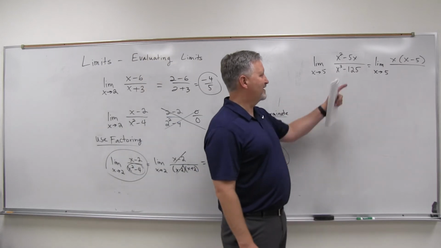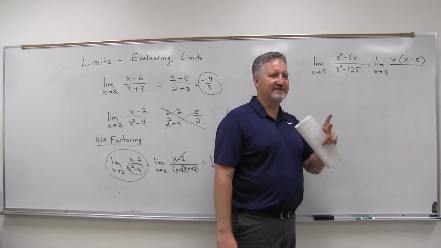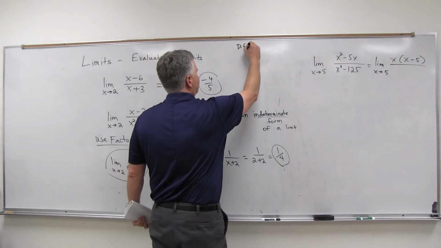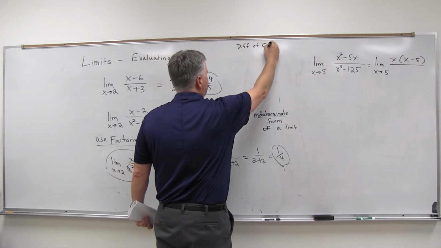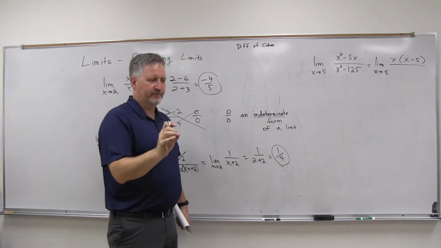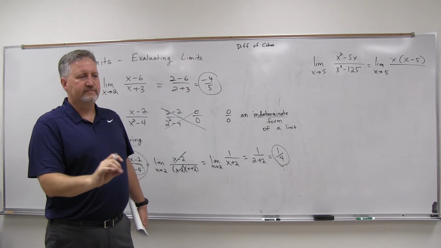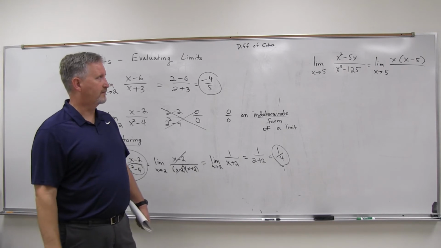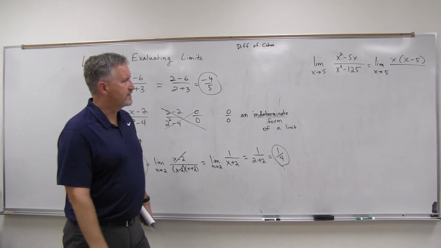X cubed minus 125. We've got a difference of cubes. It turns out these factorings are located in the book. The first reference page in the back has them, including the difference of cubes.